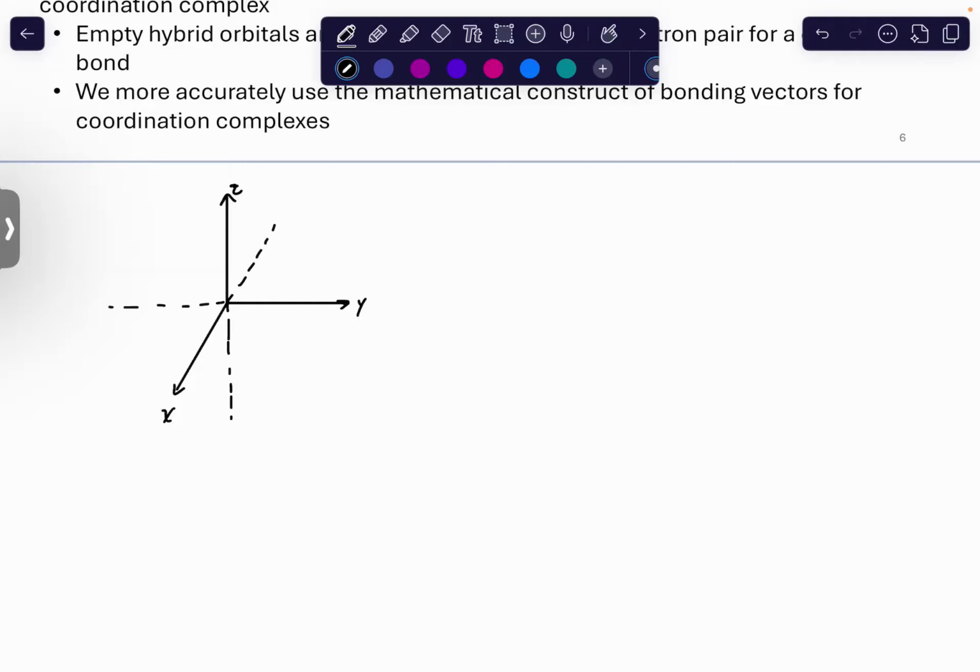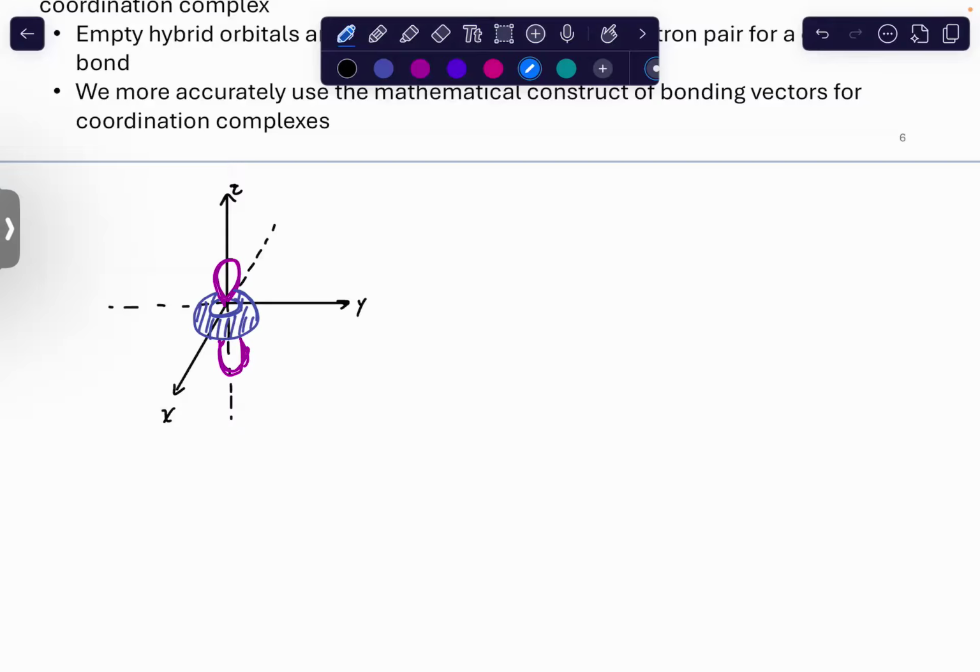This is always kind of hard to draw, but we do the best we can. So your dz squared orbital.